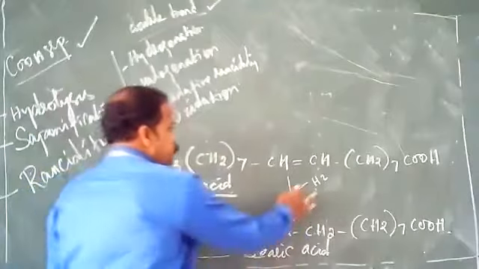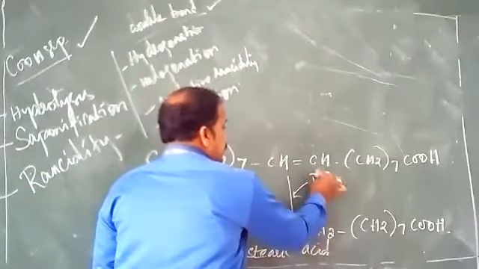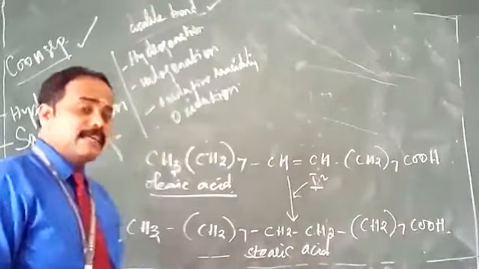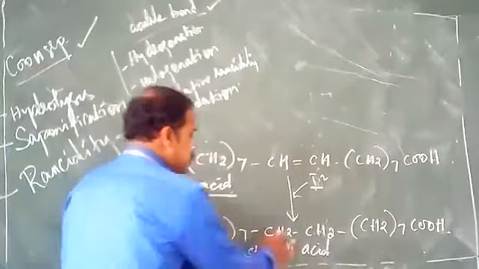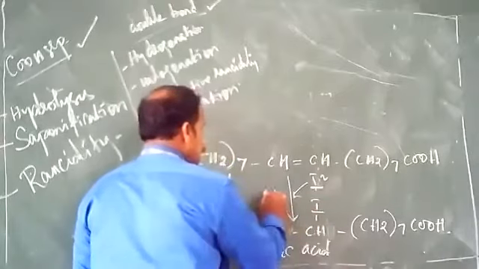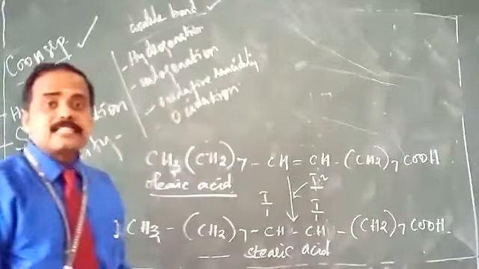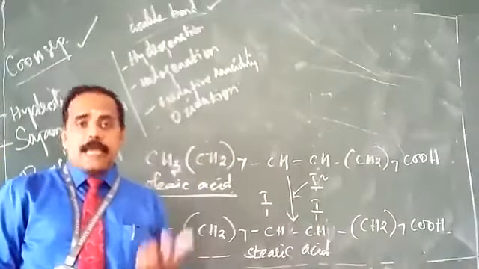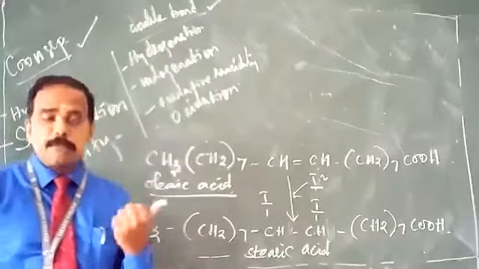So only that is the difference. Instead of hydrogen, it readily takes up halogens at the double bond. So it becomes CHI, and here one more. It readily takes up iodine, I mean halogens, at the double bond.